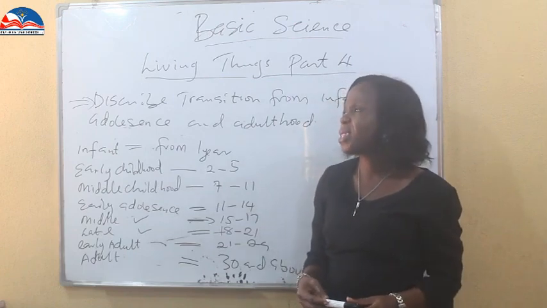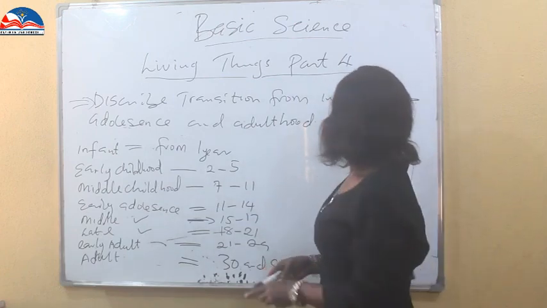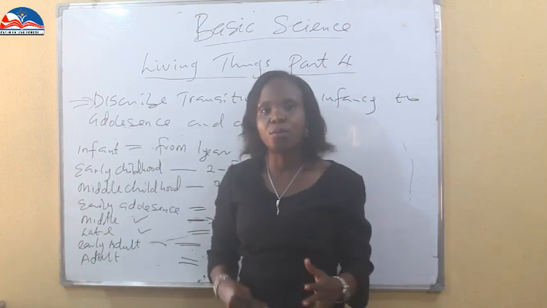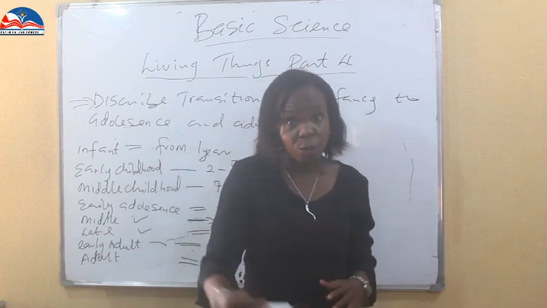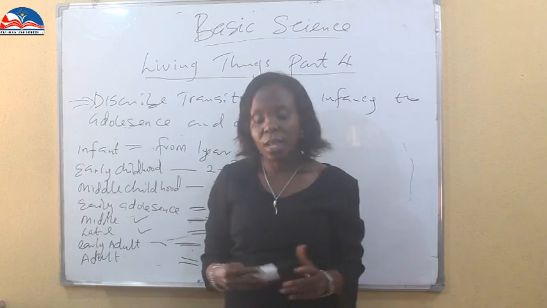And so in our basic science class today, we are going to describe transition from infancy to adolescence and adulthood. Transition, that's movement from one stage of life to another stage of our life. That is the transition.